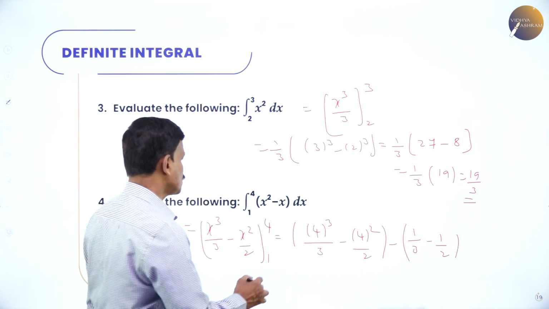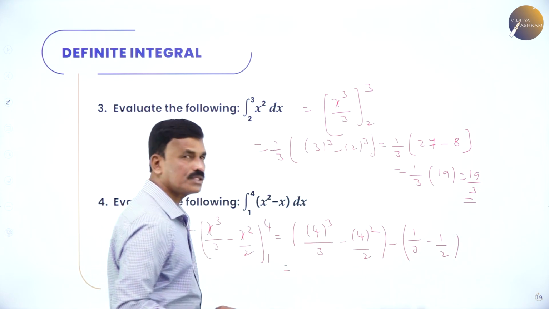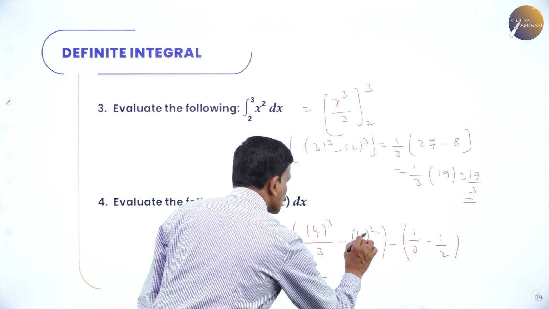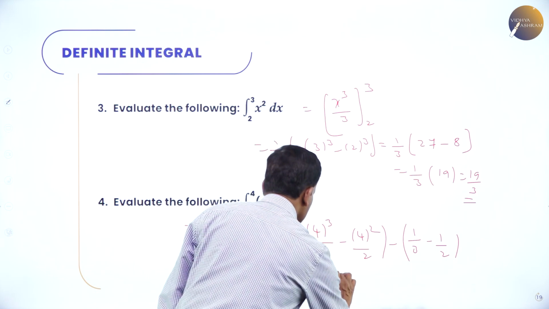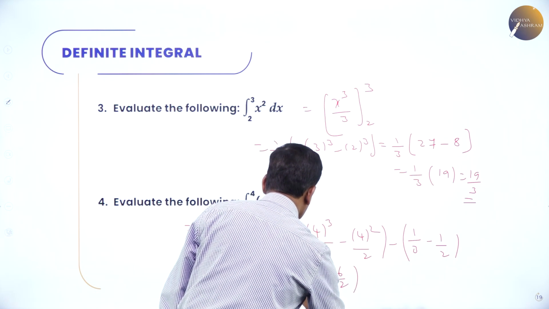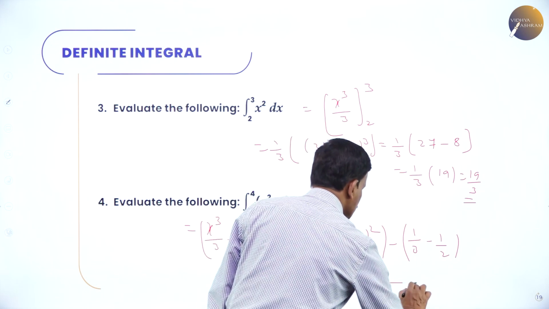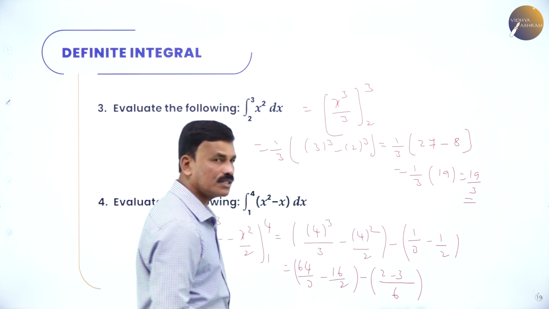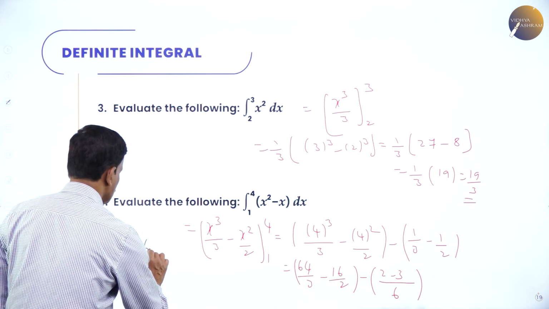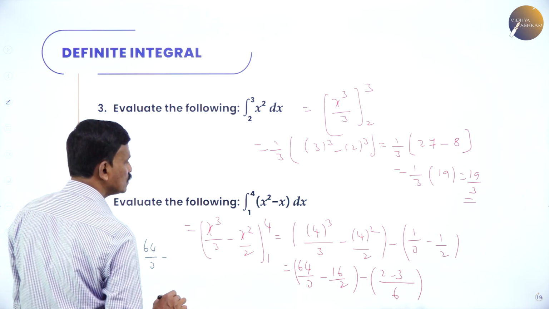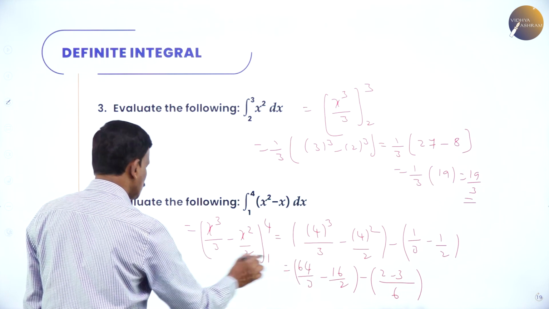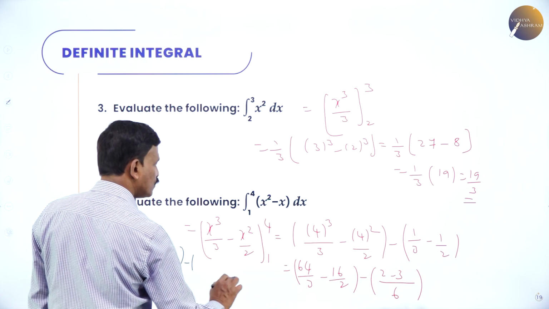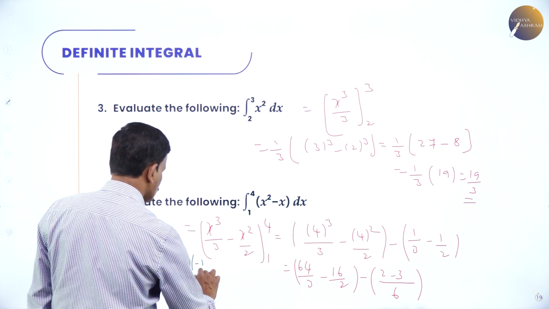Simplify this. What is this equal to? 4 cube, 4 4s are 16, 16 4s are 64, divided by 3, minus 4 square, 4 4s are 16, divided by 2, minus, take the LCM, 3 2s are 6 is the LCM, 2 1s are 2 minus 3. Simplify this: 64 by 3 as it is, minus 16 by 2 is 8, minus 2 minus 3 is minus 1 by 6.